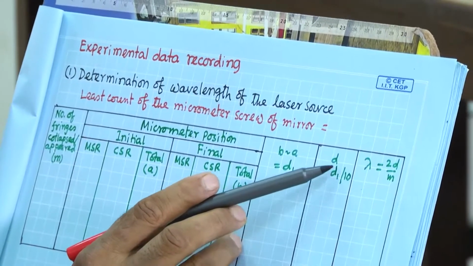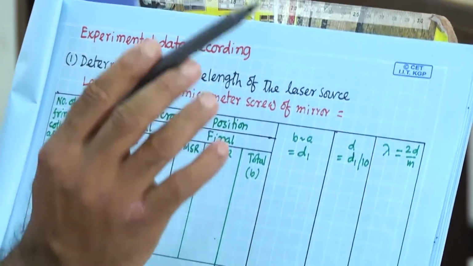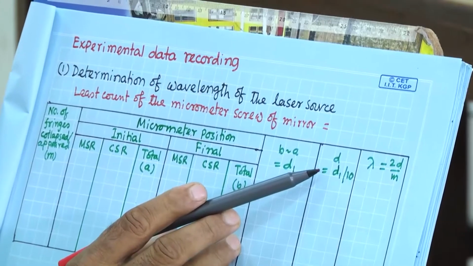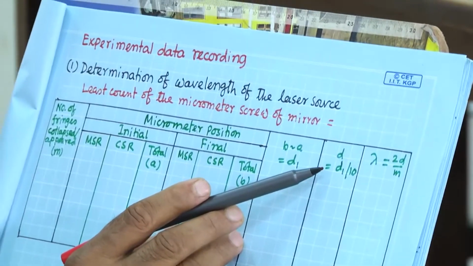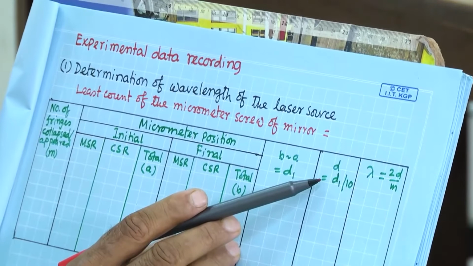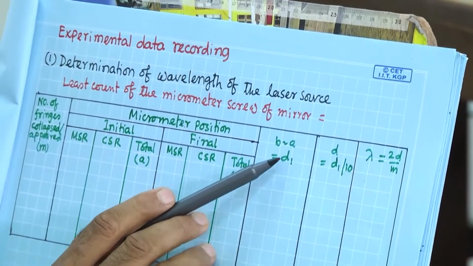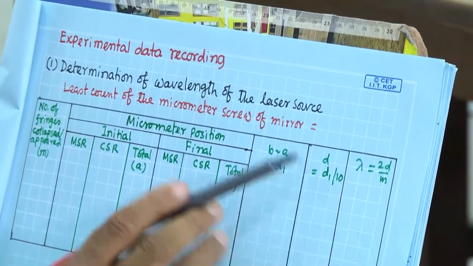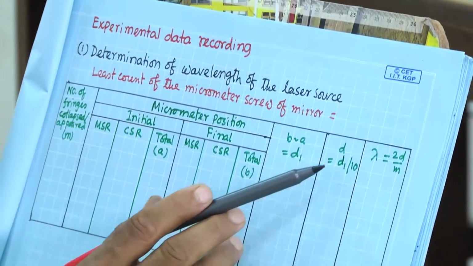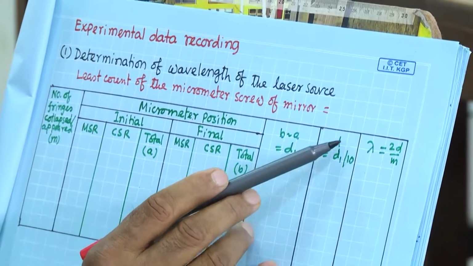So we have to divide it by 10. That is the mechanism of the micrometer for changing the distance of the mirror. This company has given a 1:10 ratio, or 10:1 ratio. So we will get the D value.